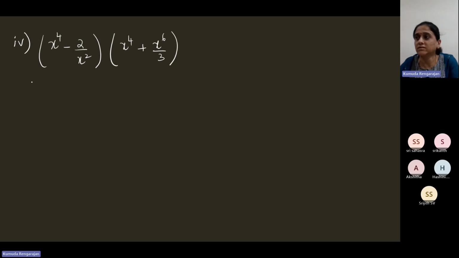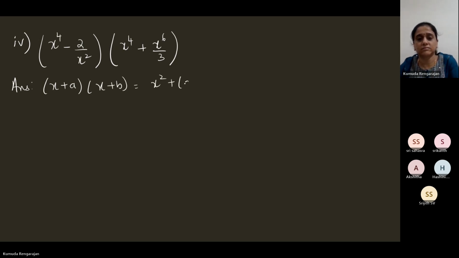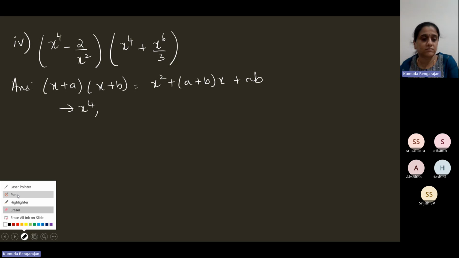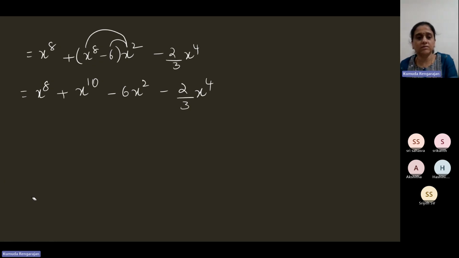Okay. Oh, 1 by 2. The last is that I'm cancelling x squared and x to the power 4. Then the 3 remains here itself. I didn't write that.